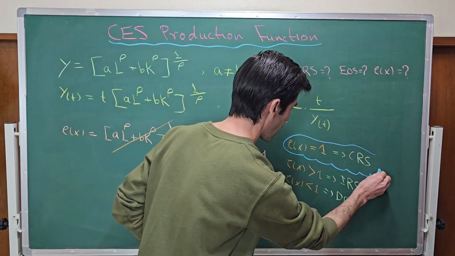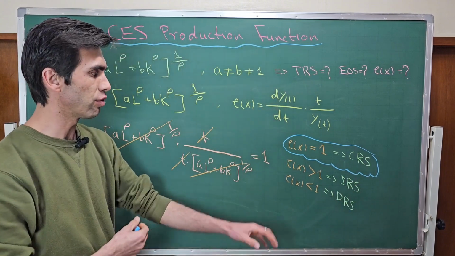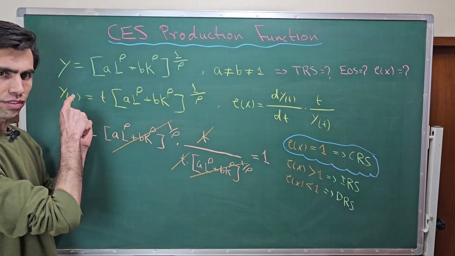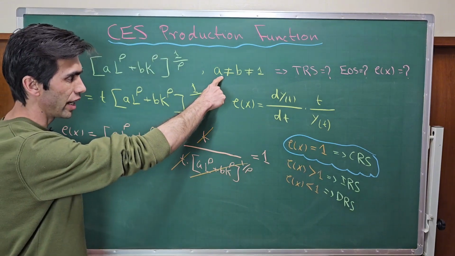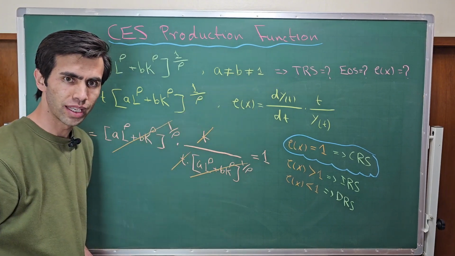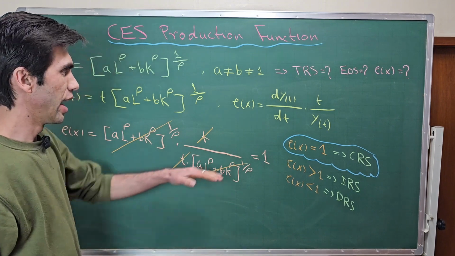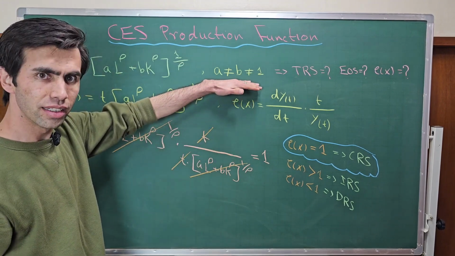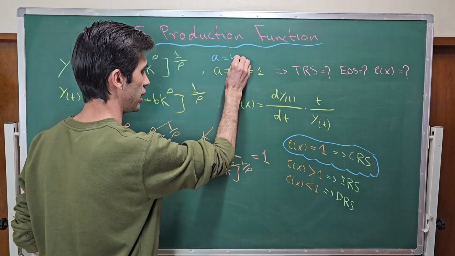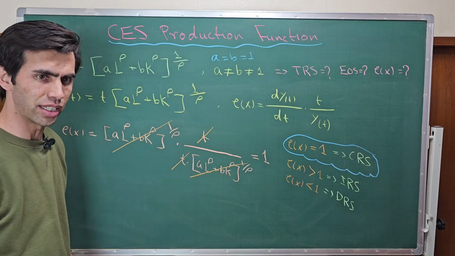If you remember the last video, we were finding the elasticity of scale for the case of CES production function when A was equal to B and equal to 1. So here we can see that in both cases, either this condition or the condition A equal to B equal to 1, we have exactly the same result.